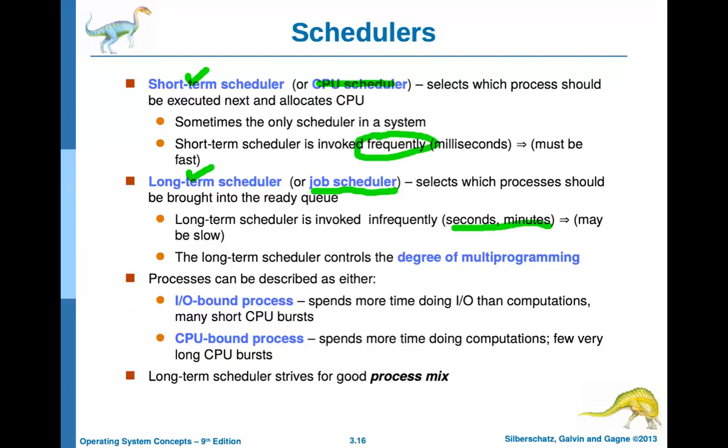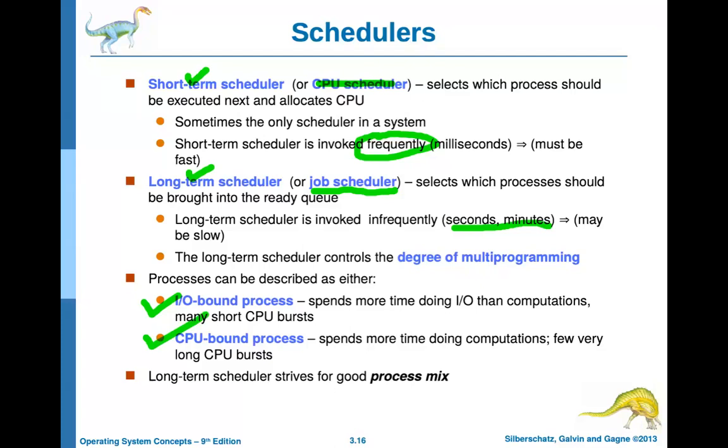Before looking at the medium-term scheduler, we need to discuss two things: the IO bound process and the CPU bound process. What does it mean? An IO bound process is a process which spends more time in input and output than in computation.